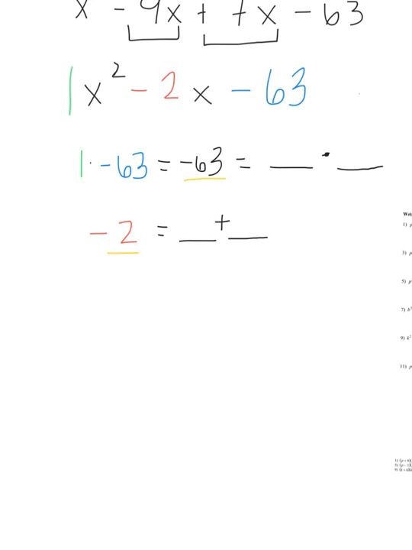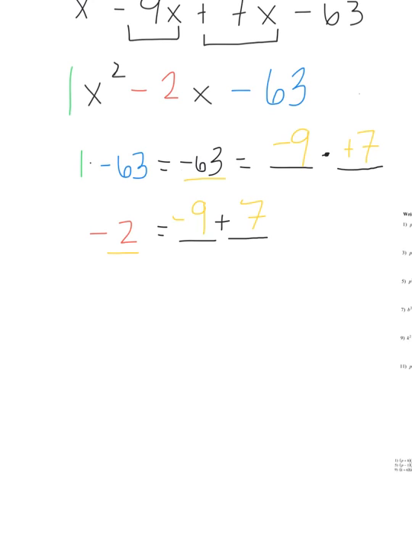So those two numbers are going to be negative 9 and positive 7. Because negative 9 times 7 is negative 63, and negative 9 plus 7 is negative 2.